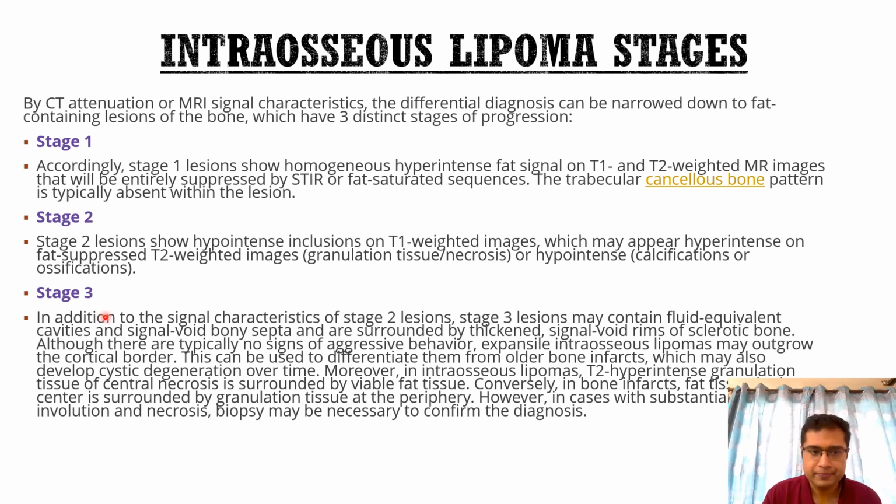In stage 3, particularly our case, they may contain fluid equivalent cavities, signal void bony septae and surrounding thickened signal void rims of sclerotic bone. So it is very important to understand that intraosseous lipomas do have cystic changes within, because outside they had only given the measurement of the cystic area. They thought that the surrounding bone was actually normal.